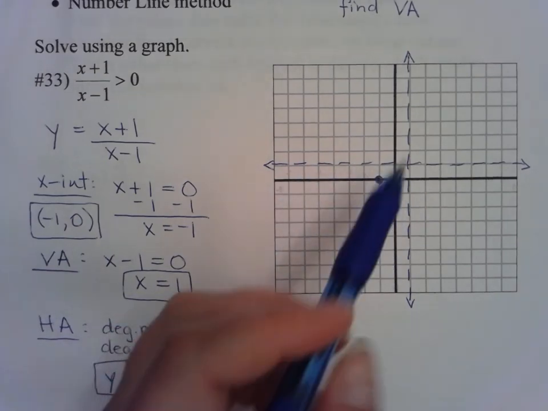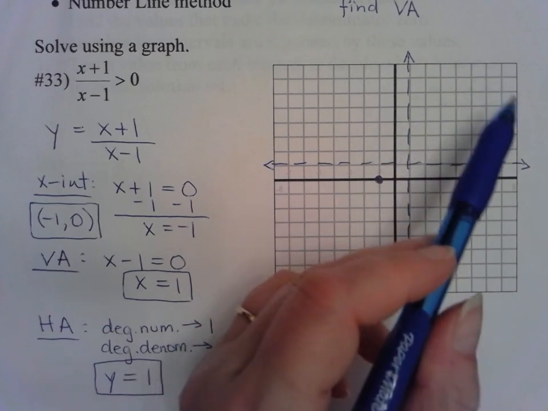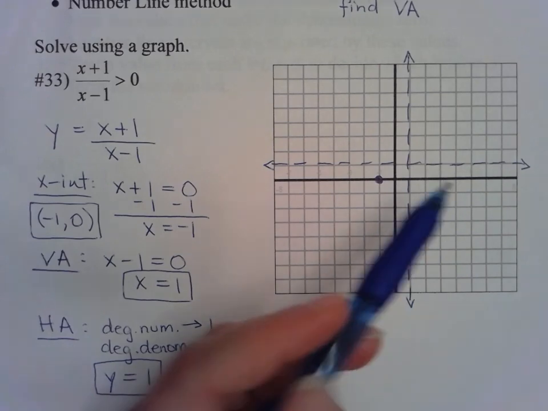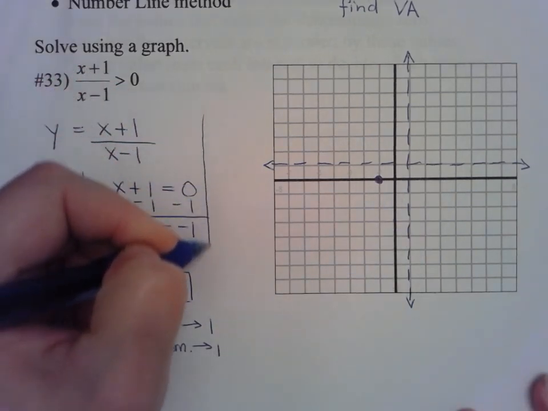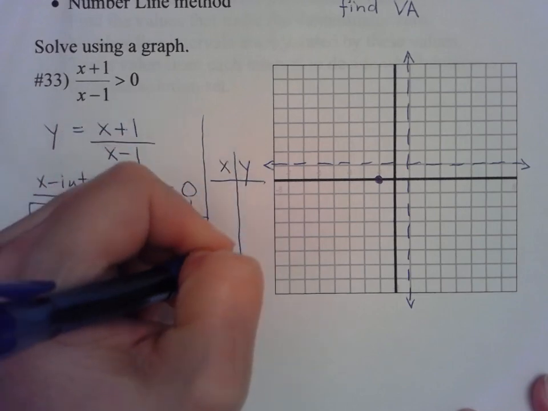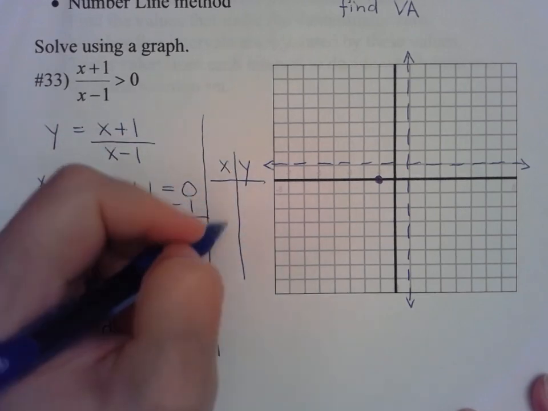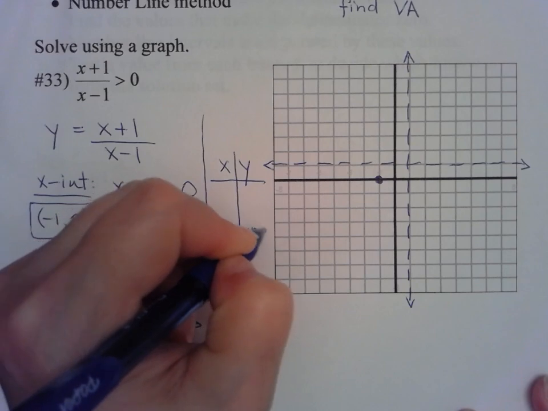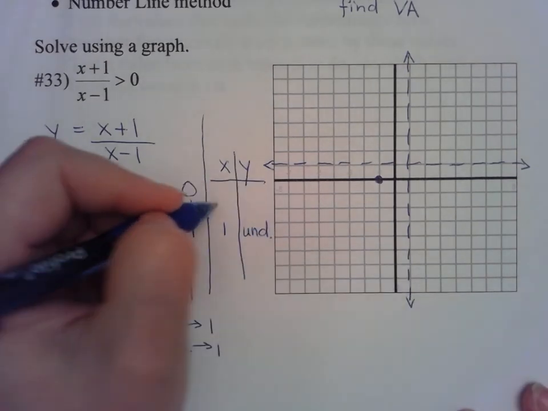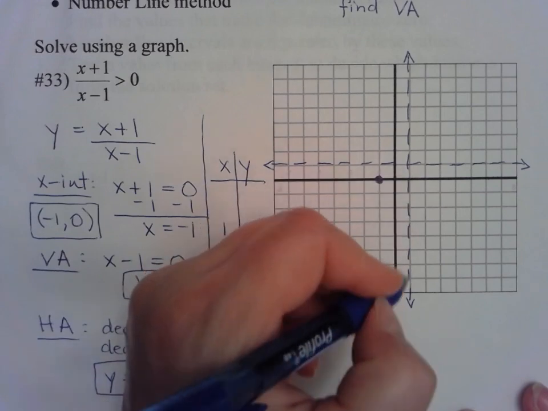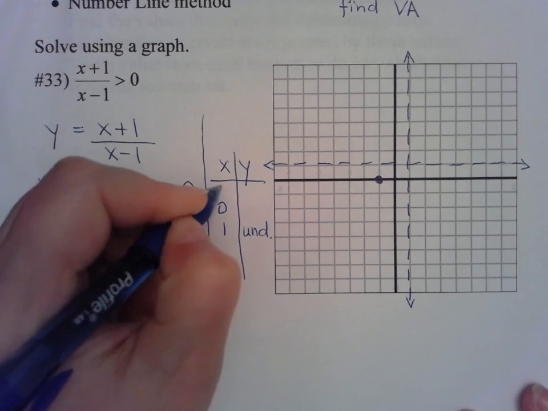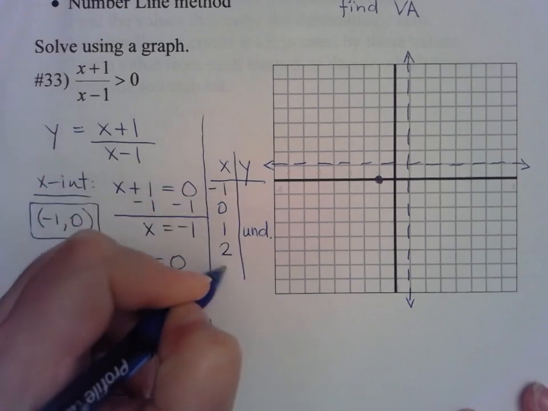I need to pick a few points so that I can decide, is the right-hand side going to be above or below this asymptote. All right, so off to the side, plug in a couple points. Our vertical asymptote is 1. So just like before, I'm going to put that in the middle. That's where the graph is undefined right here. It breaks it into 2 parts. So I'm going to pick a couple of numbers on either side.